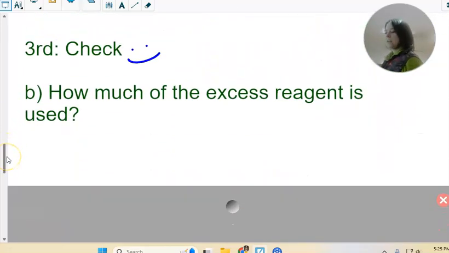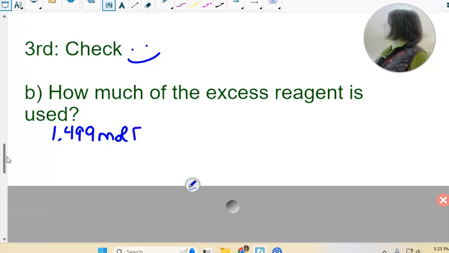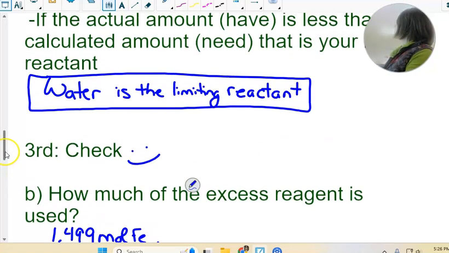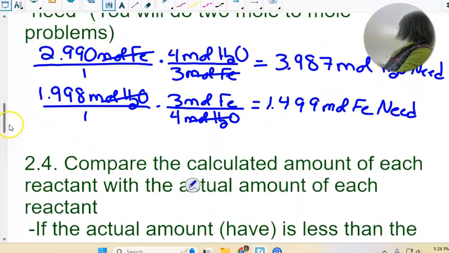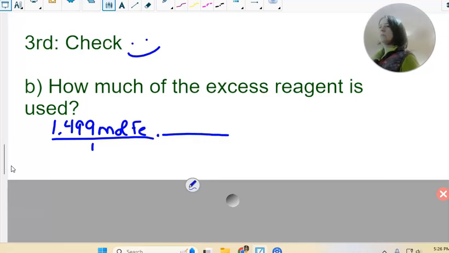But they probably want that in grams. So let's do a mole to gram, a mole to mass conversion. So I'm going to start out with 1.499 moles iron over 1 times, just double check we've got that right, and I'm doing grams on the top and then moles on the bottom. 1 mole iron.